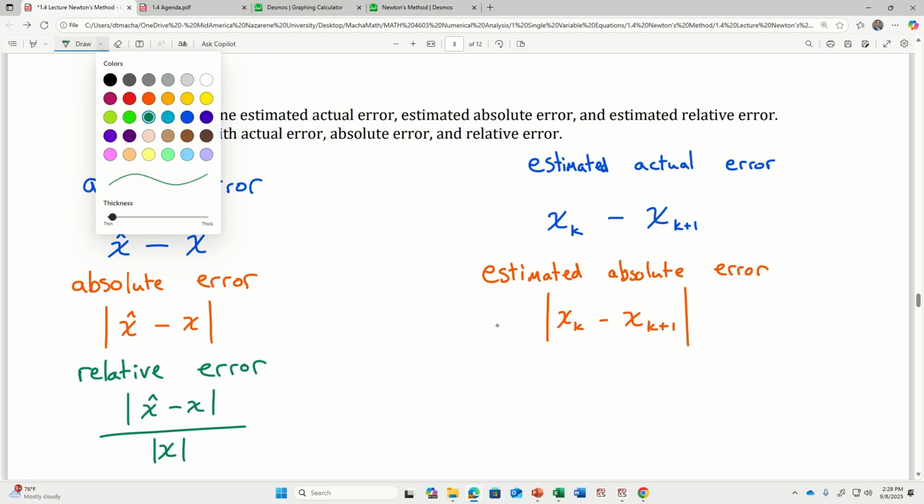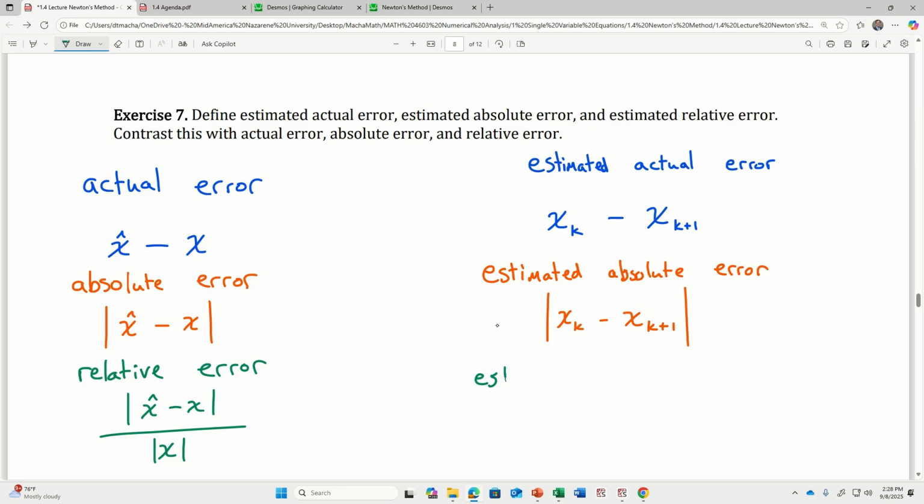And then an estimated relative error, where you do the same thing and you divide by our closest approximation of the real value, which we hope is xk plus 1.